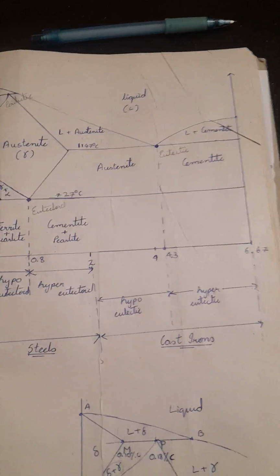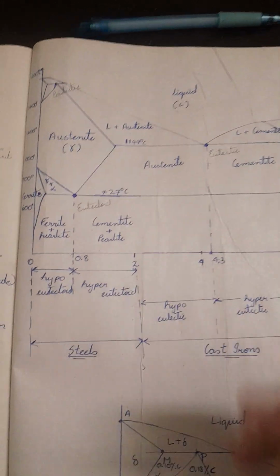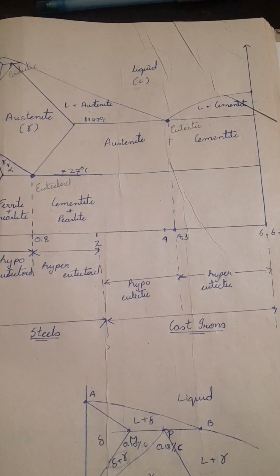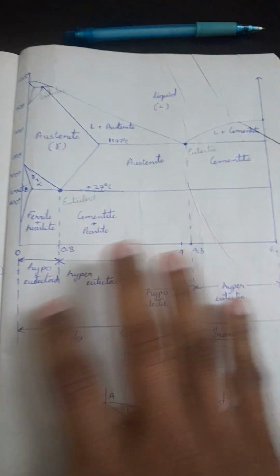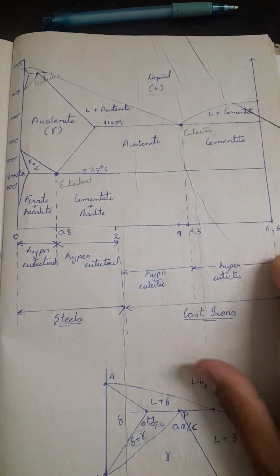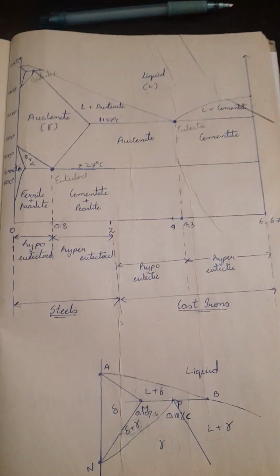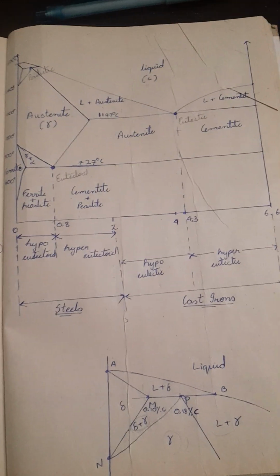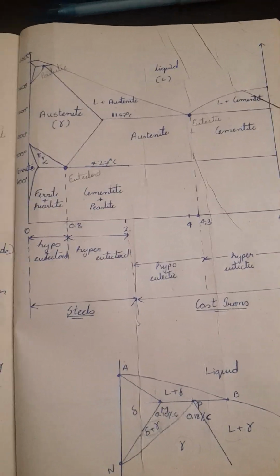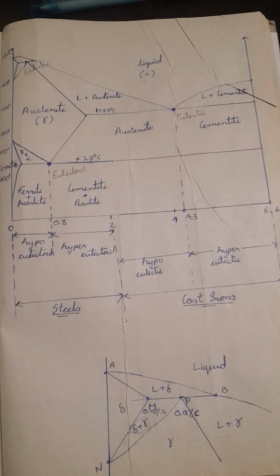But a key point to note before going into this diagram is that it is actually not a true equilibrium diagram, as people say. An equilibrium diagram states that the phases shouldn't change with respect to time.